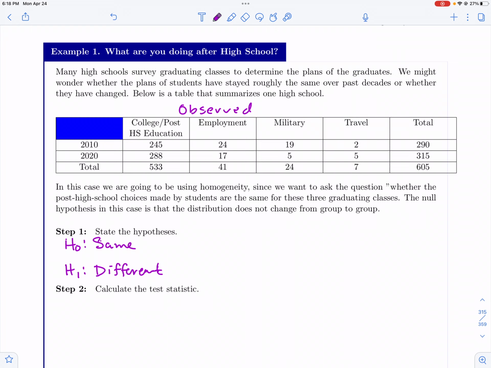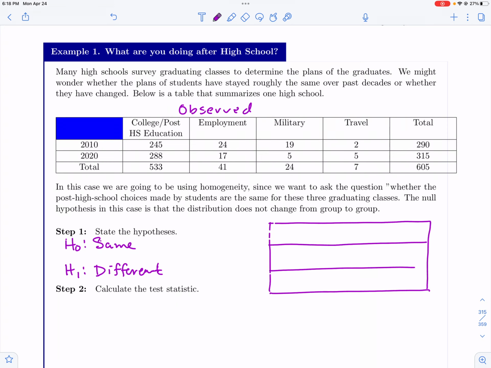And so let's go ahead and set up our expected matrix real quick. I'm going to list the first one as college, post-high school, just listed as C, employment, military, or travel. Apparently I added an extra column again, which I didn't need. Oops, I did need it. I just started in the wrong spot.